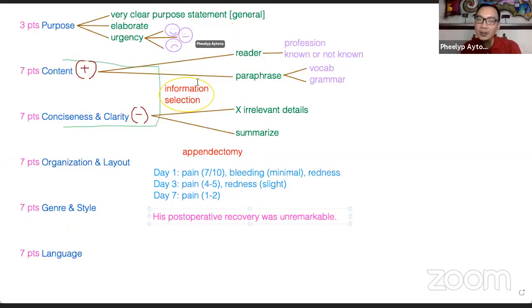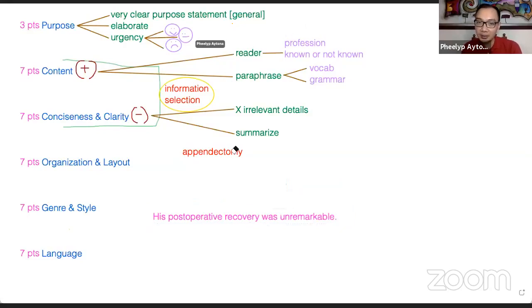Of course, this is going to be very much related to the reader as well. Paki-visualize. Kunyari, meron kang dalawang topics. Diet, detail about the diet. And then you have exercise, detail about exercise.